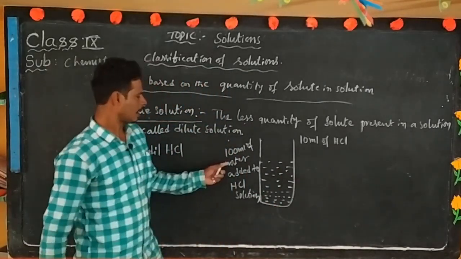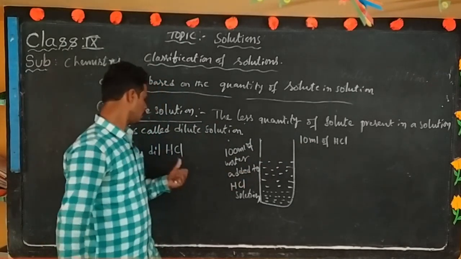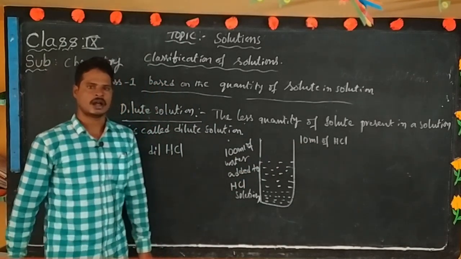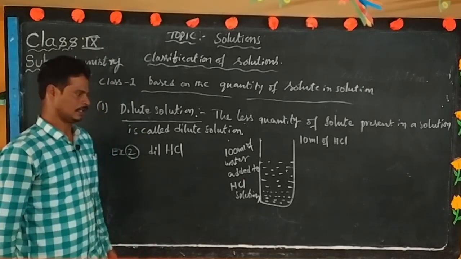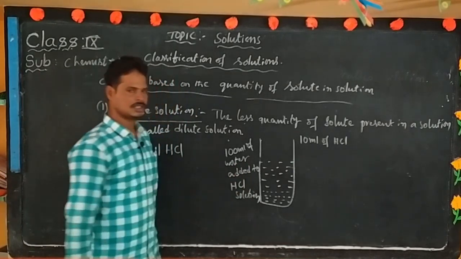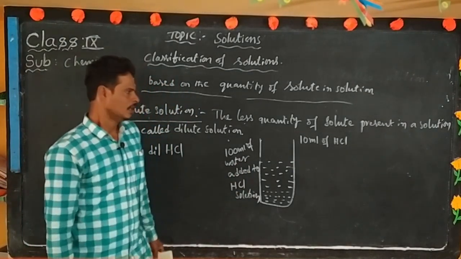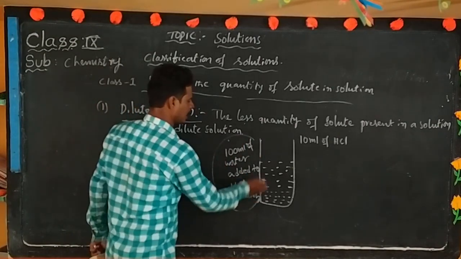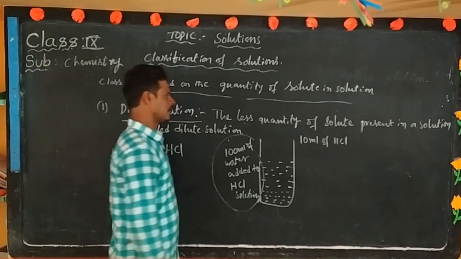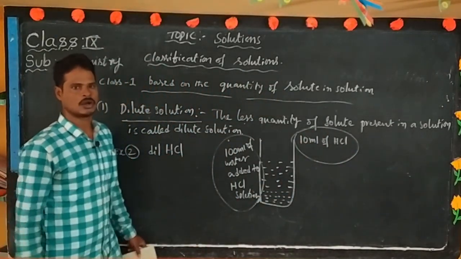Whenever we add the water, HCl completely dissolves in water to form dilute hydrochloric acid. Here, which is the larger quantity and which is the lesser quantity? 100 ml of water is the larger quantity. 10 ml of HCl is the lesser quantity.